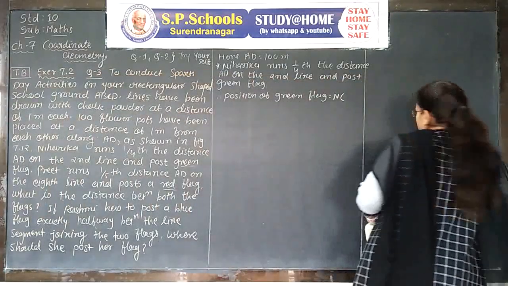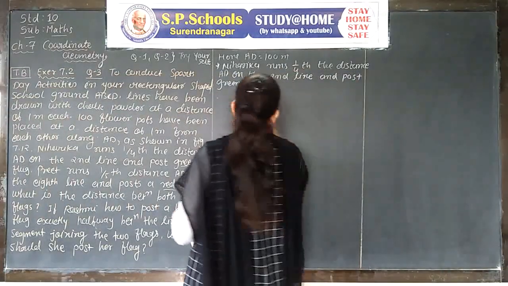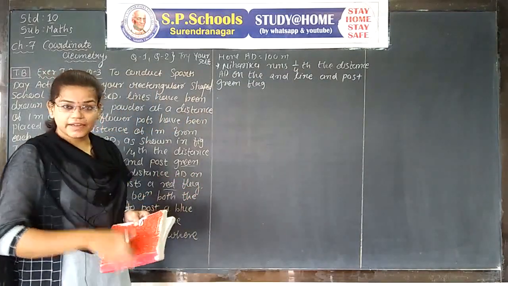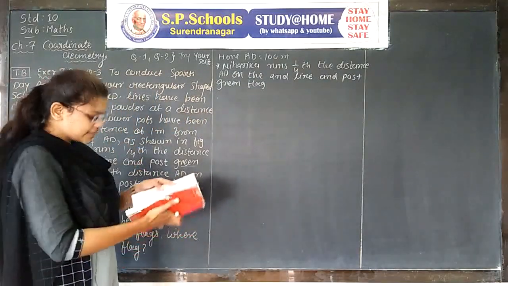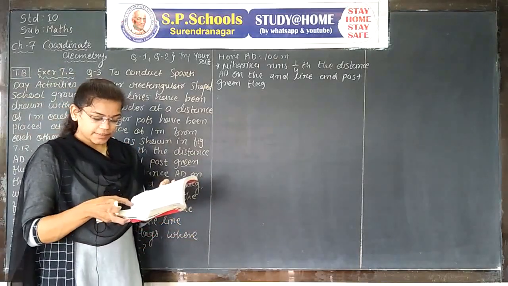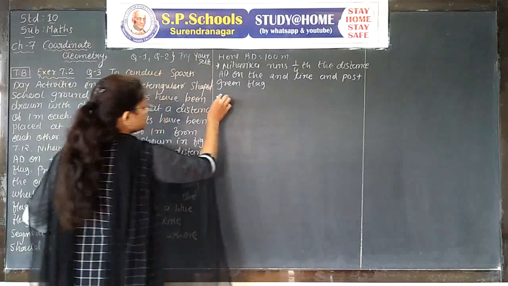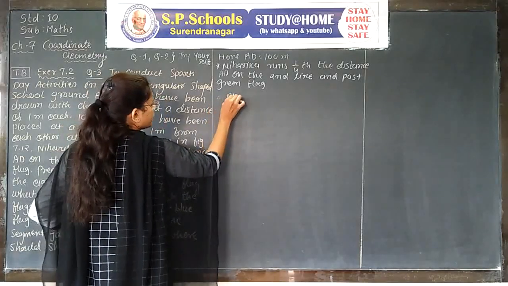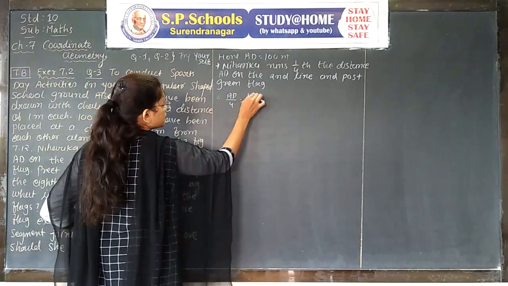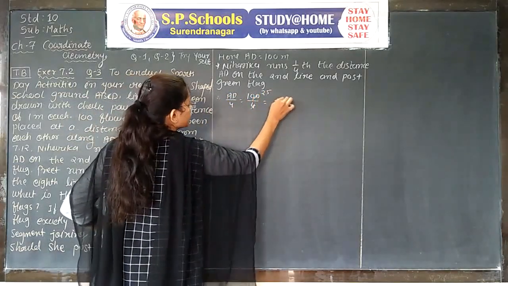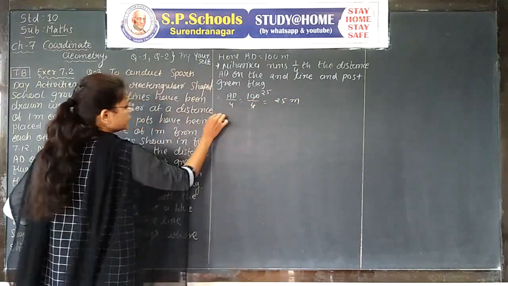First of all we need to find the 1/4 distance, then the position of the flag. 1/4 distance of AD, we divide AD by 4 in the second line. Second represents the x coordinate and the 1/4 distance of AD represents the y coordinate. That's why AD upon 4, which is 100 upon 4, 25 meters.